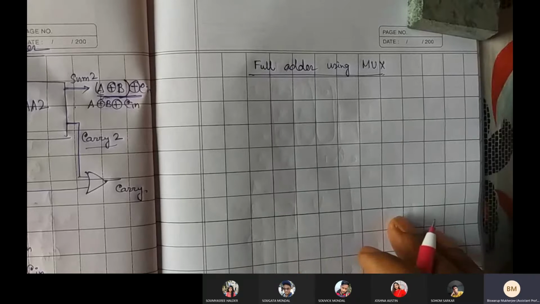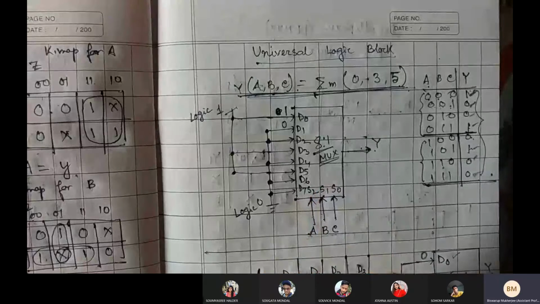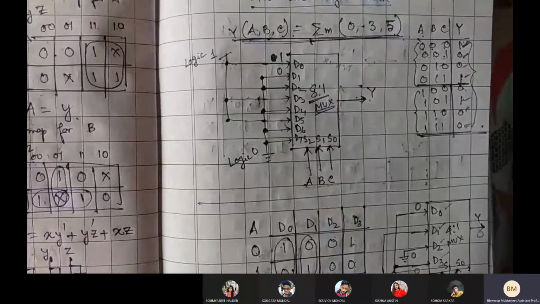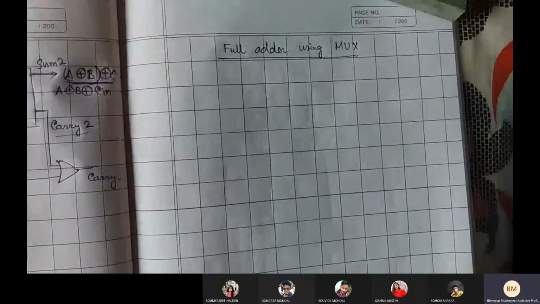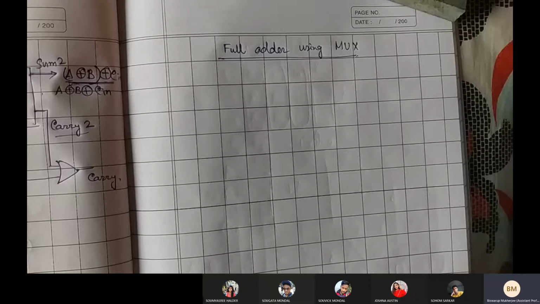I am using a 4:1 multiplexer, the minimized one. If it comes in your exam, do it with the 4:1 multiplexer. If 8:1 multiplexer is not specified, do not go for that one. If it is specified, then it is a different issue.